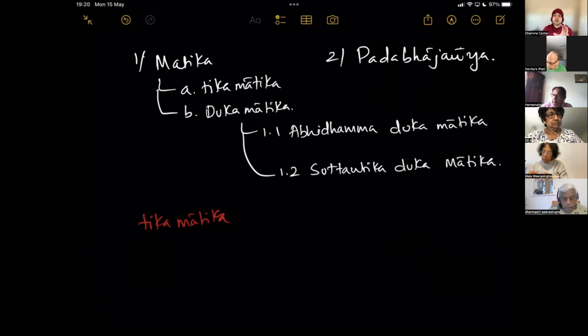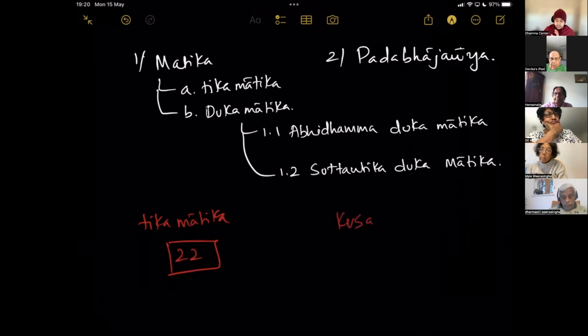There are 22 dhammas that are spoken of under Thikamatika. For example, if we take the first category, it is Kusala Dhamma.